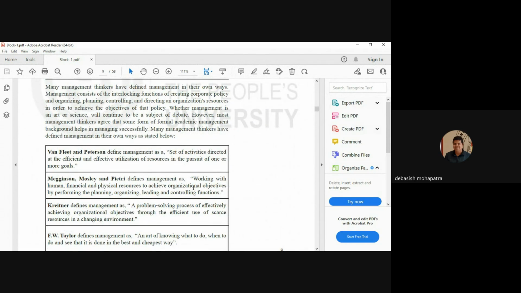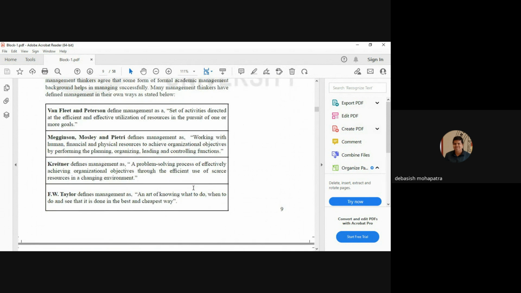Many great persons have given management different meanings. Van Fleet and Peterson define management as a set of activities directed at the efficient and effective utilization of resources. Nickels, McHugh and McHugh define management as working with human, financial and physical resources to achieve organizational objectives.